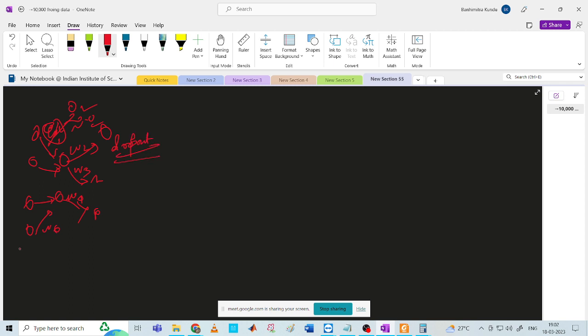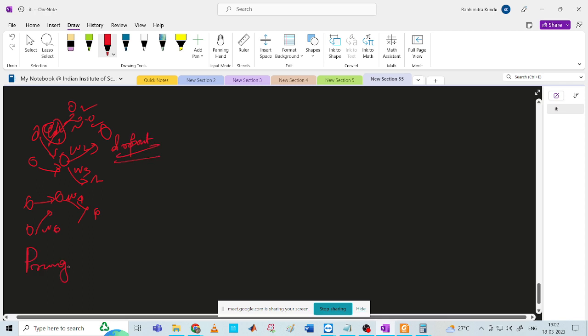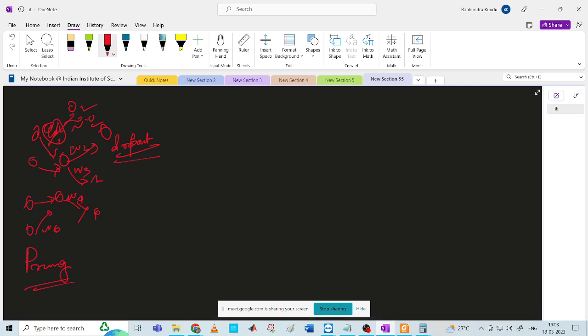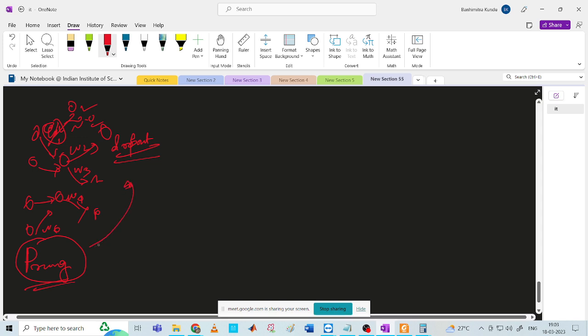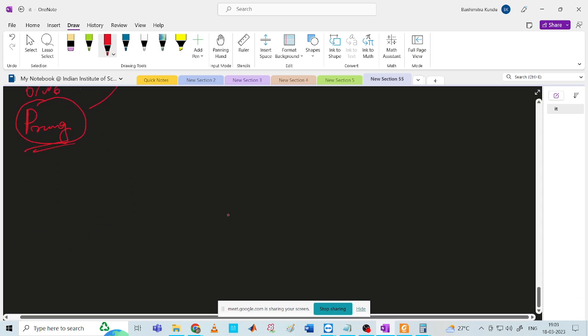Now there is another name for this, which is called pruning. The way you prune trees, similarly you prune the network. Wherever your weights are very close to 0, you remove those connections. That is called pruning, and that is also called dropout. Now there is another meaning of dropout. Let's say you have this neural network.